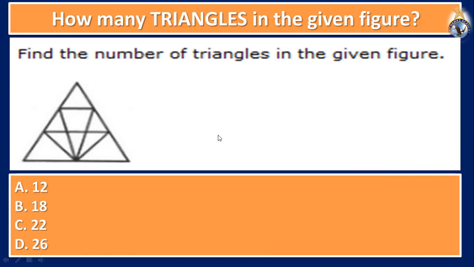If you're not labeling, you can count starting from the right: this is a triangle, this is a triangle, this is also a triangle. I'm going to look at the straight ones first and then the crooked ones. Anyhow, you can count and mark all these. But your answer must be one of these options: 12, 18, 22, or 26.